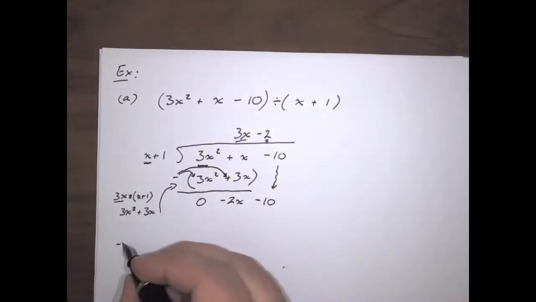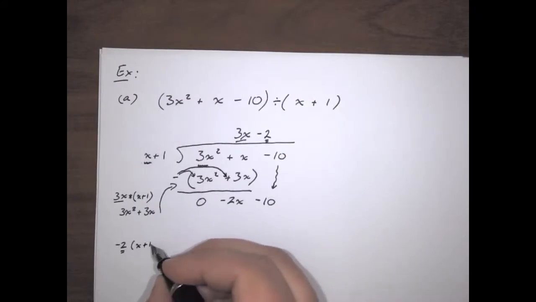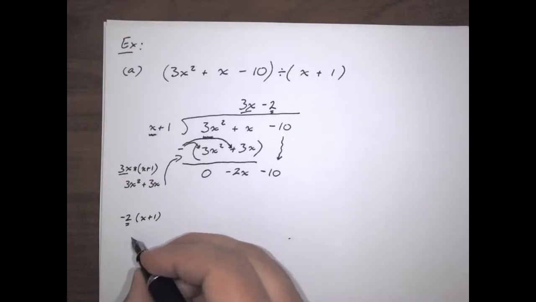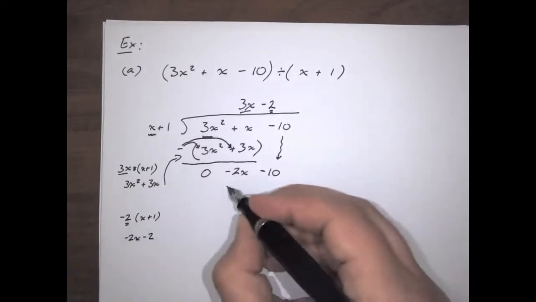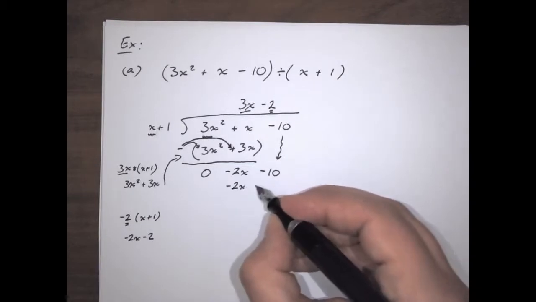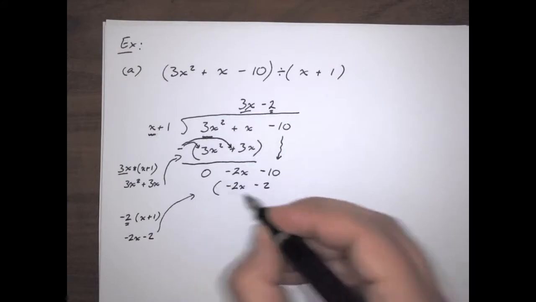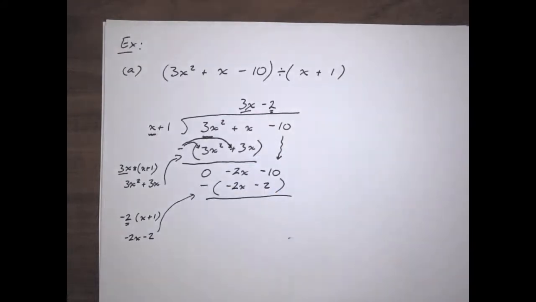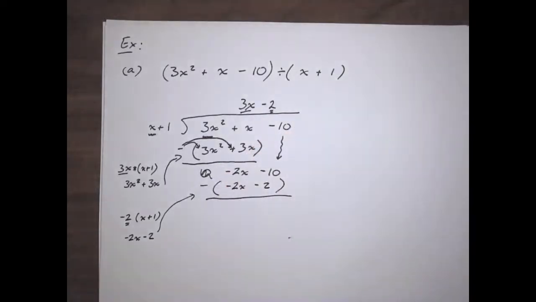And if we do that times the x plus 1, then what we'll have is negative 2x minus 2, which we then put here, but we subtract it, just like we subtract the number that we get in regular division. So ignore that 0, it doesn't even come into play.